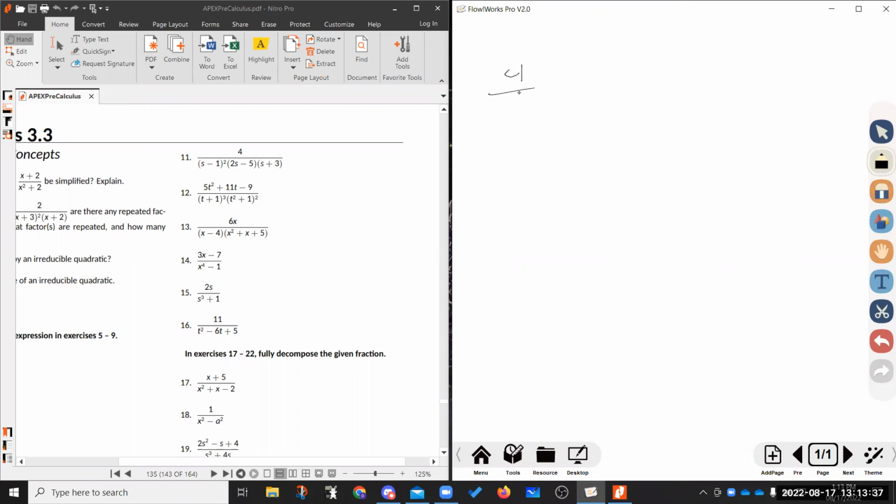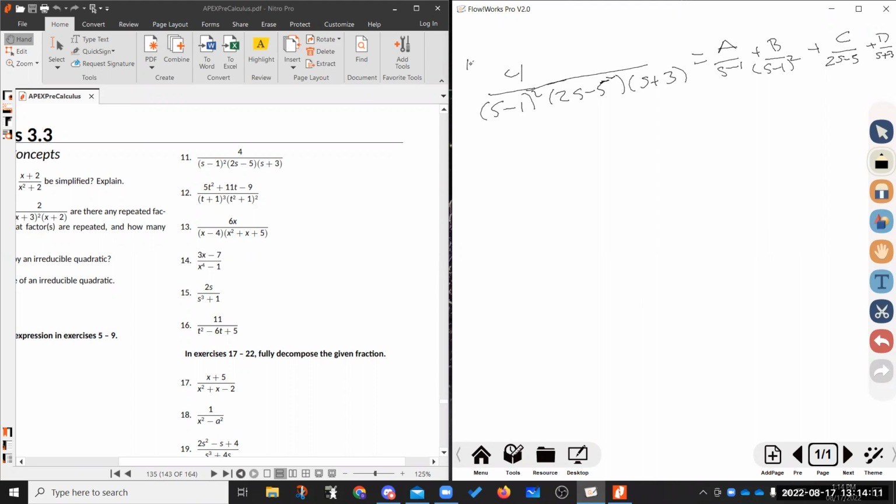All right, 4 over (s minus 1) squared, (2s minus 5), and (s plus 3). So we're going to need an A over s minus 1 plus B over (s minus 1) squared plus C over 2s minus 5 plus D over s plus 3.